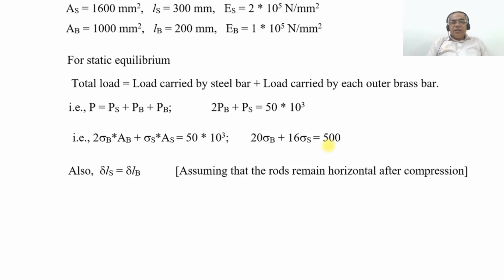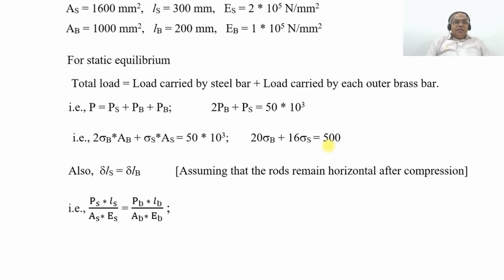Therefore, delta LS will be equal to delta LB. Because the bottom surface of the rigid bar is touching all three top surfaces, we assume that the rods remain horizontal even after compression.